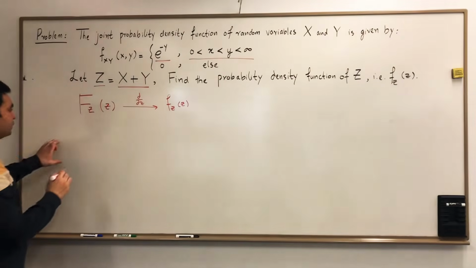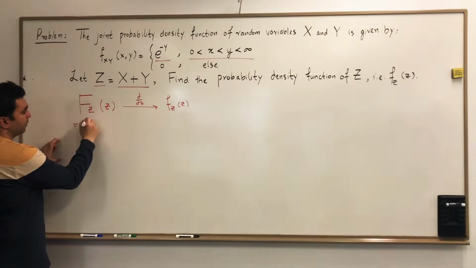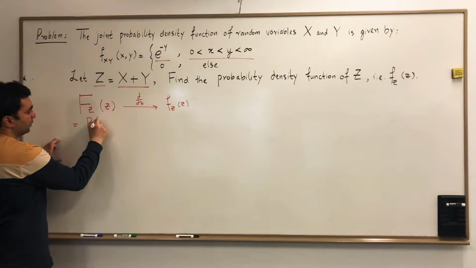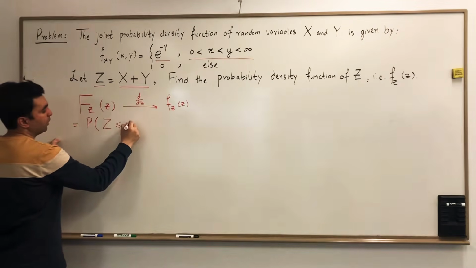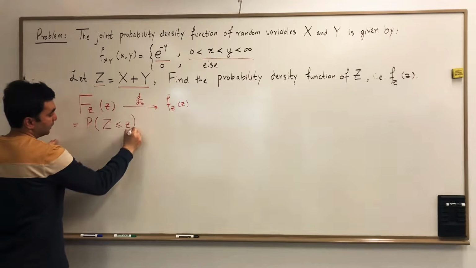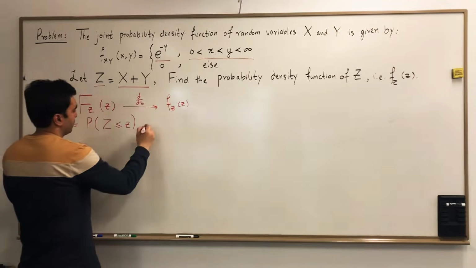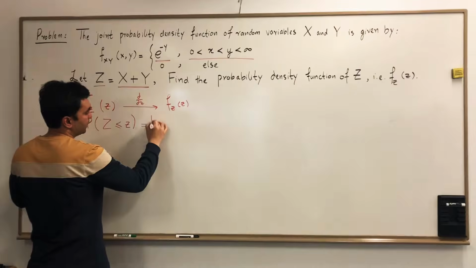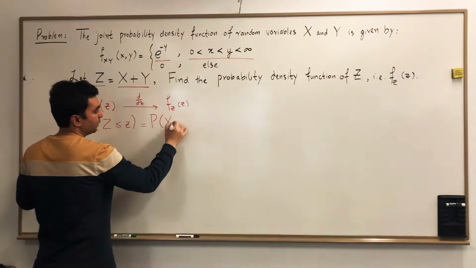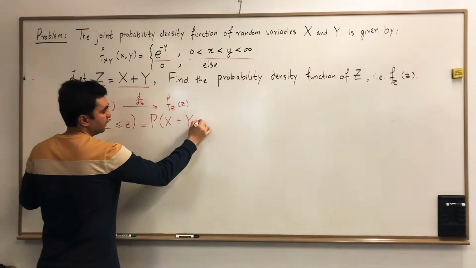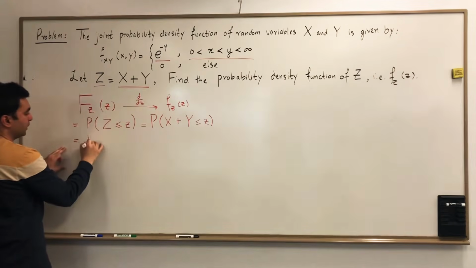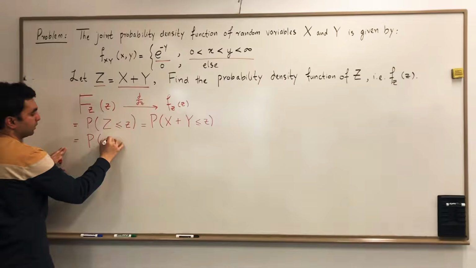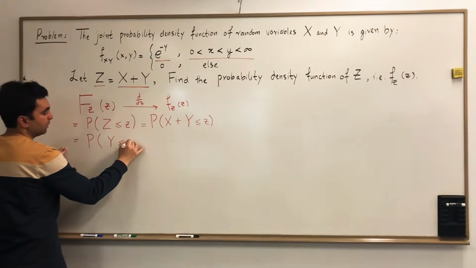So the distribution function of z is by definition the probability that the variable z is smaller than the small z, and because we know that the variable z is x plus y, we can substitute x plus y instead of z, which turns out to be the probability that y is smaller than z minus x.